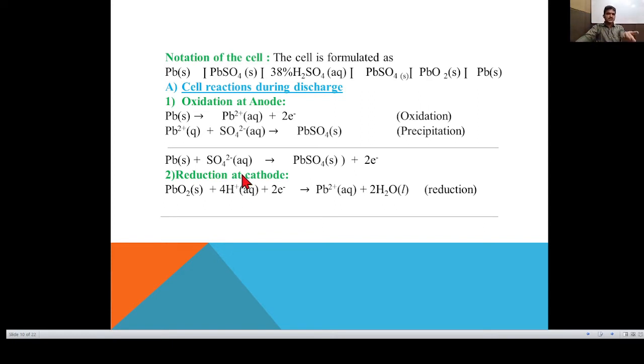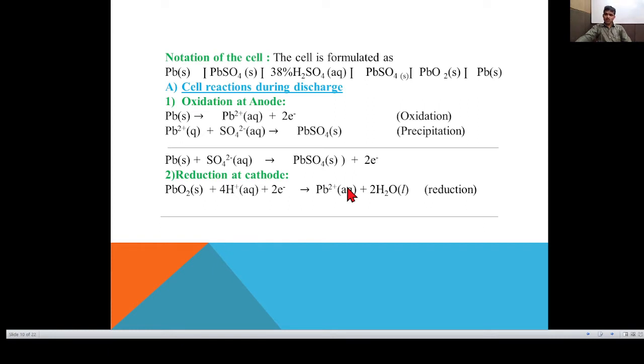The electrons lost at the anode come into contact with PbO2. So in the solution, out of H2SO4, what remains? H+ ions. PbO2 accepts H+ ions and electrons, the oxygen reacts with H+ to form water, and what remains in the solution is Pb2+ ions.